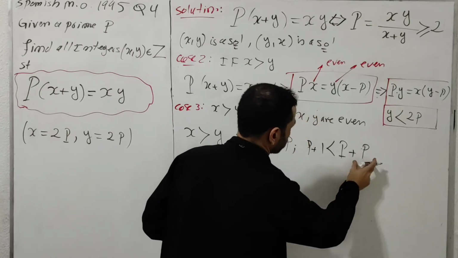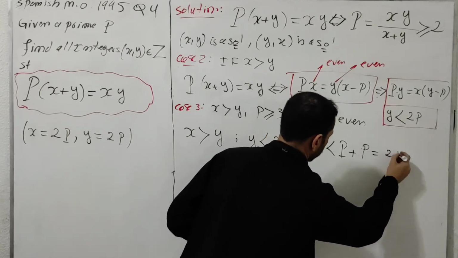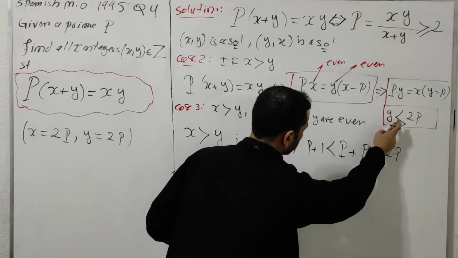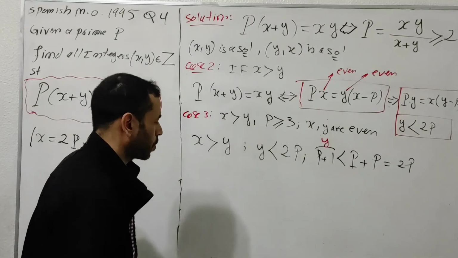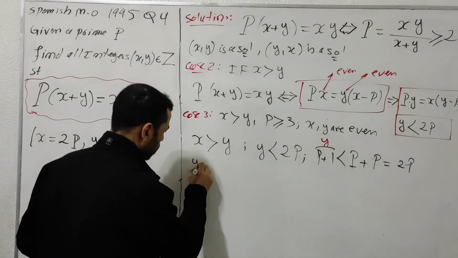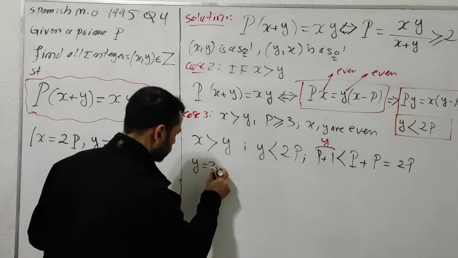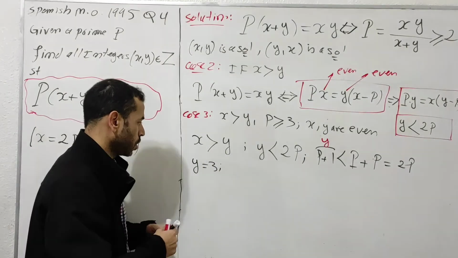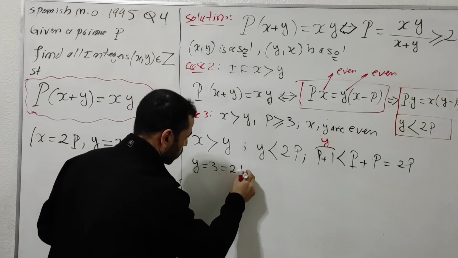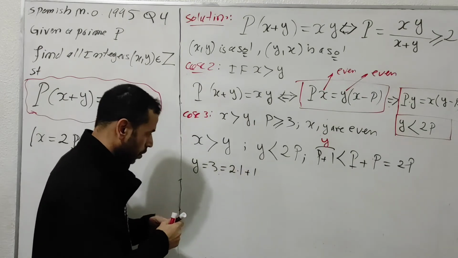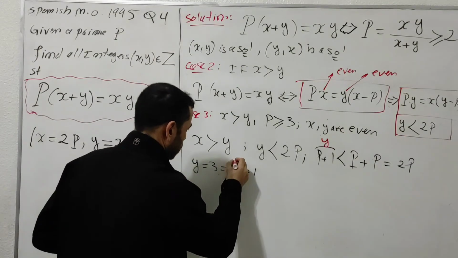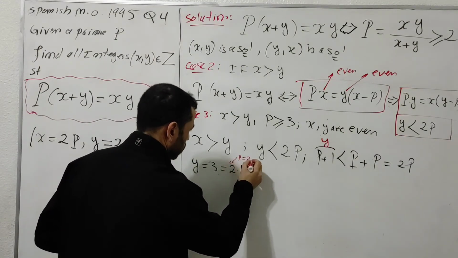So as we know, this is 2p. We have 2p here. Since y is an integer, y is strictly inferior to 2p. By using the particular solutions that we found before, we found y equal to 3 as a first solution. This one can be written in this form, 2 multiplied by 1 plus 1, when we had p equal to 2.